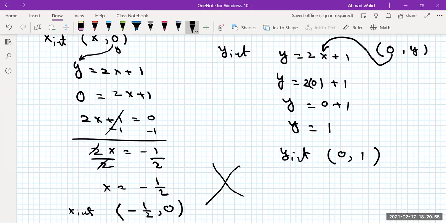It's the same idea. You have to remember, if I'm looking for the x-intercept, the value of y is always 0. And for the y-intercept, the value of x is always 0, correct? This was all about section 1.1. I'll stop the lecture here and see you all in section 1.2.